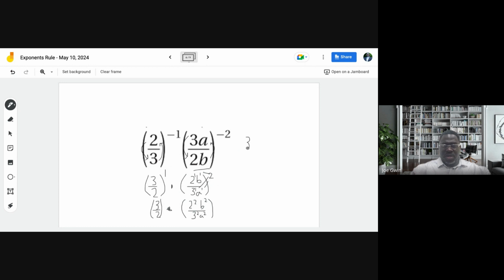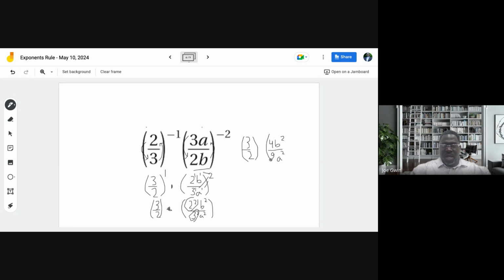So this is going to be 3 to the second, and I'm going to go ahead and solve this. 2 to the second is 4, and b squared is just b squared. So we have 4b squared, all over 3 to the second power, which is 9, and a to the second power is just a squared.